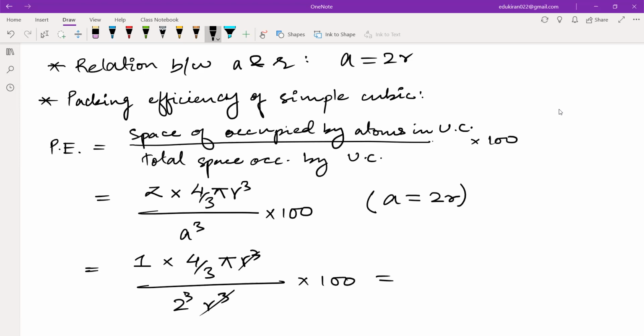Please solve this. Let me know the answer in chat. What is the packing efficiency? So essentially you have 4 pi divided by 3 into 2 cube into 100.